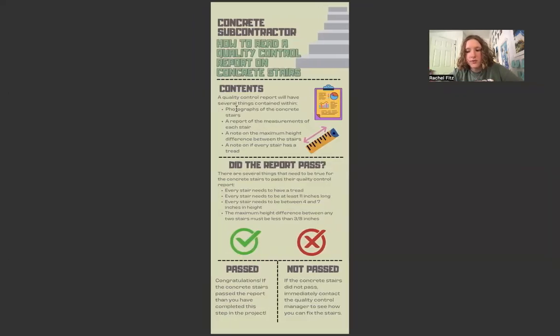The second report for the subcontractors explains how to read the report and how to know whether the stairs passed or failed and why they passed or failed. So if they failed, it tells them to take immediate action in correcting the issues in the concrete stairs. And if it passed, it says, you're done, move on to the next step.